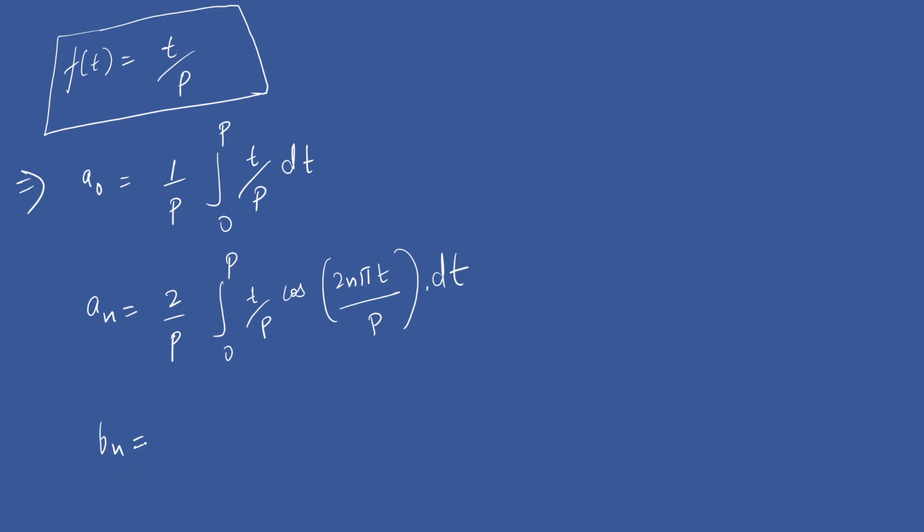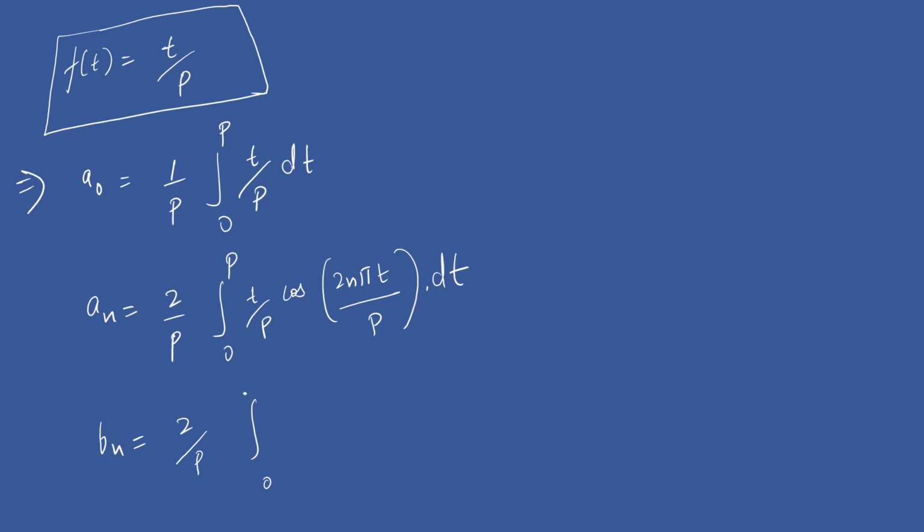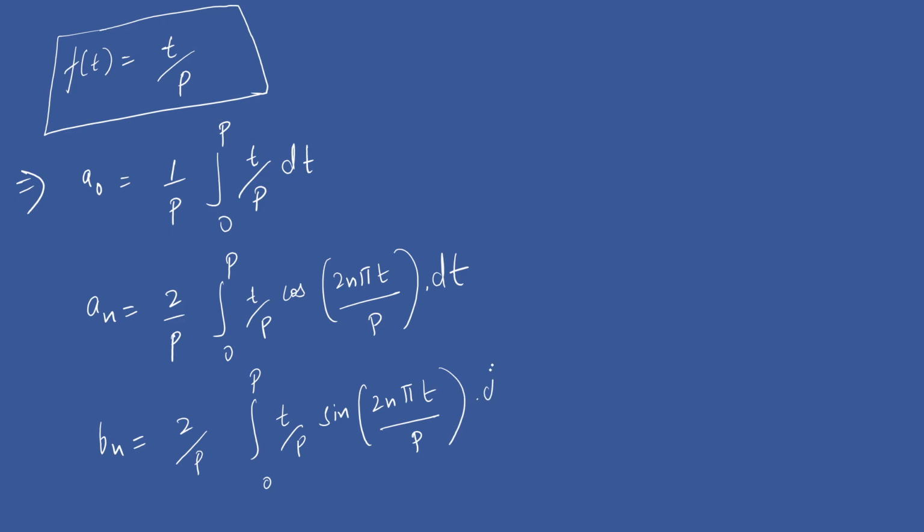Then your bn is given by 2 by p, integral 0 to p, t by p, sine of 2n pi t by p, dt. So this is how your coefficients will look for this particular function ft is equal to t by p.